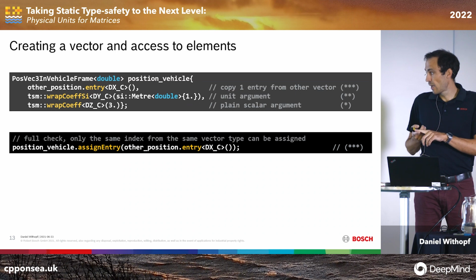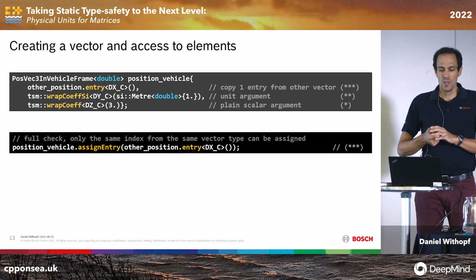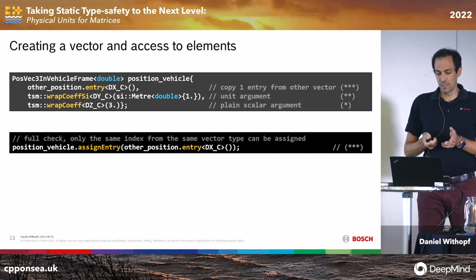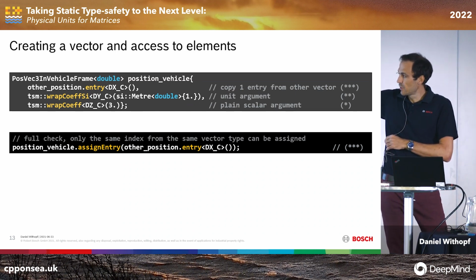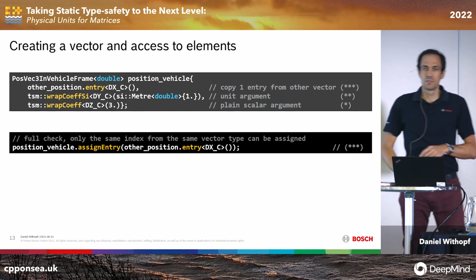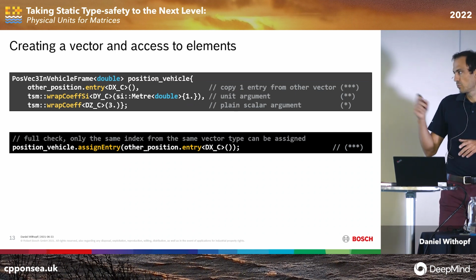There's a check that dx is actually part of position vehicle, so the vector that we're assigning to. And if any of this would be untrue, then this would fire a static assertion. Oh, and I should also mention in the first case, the 3 elements have to be listed in the correct order. If you mix up the order, then this also gives a static assertion, which will be important for later.